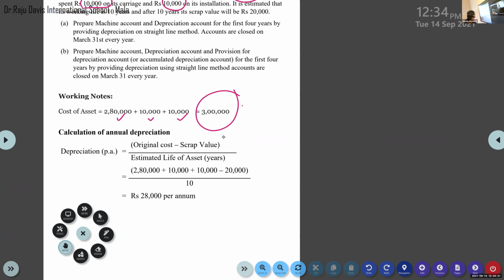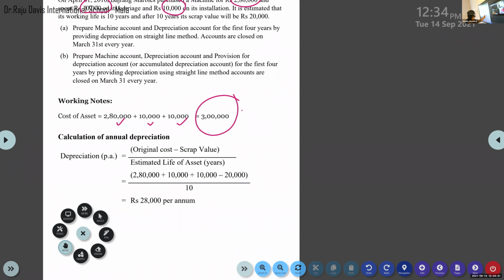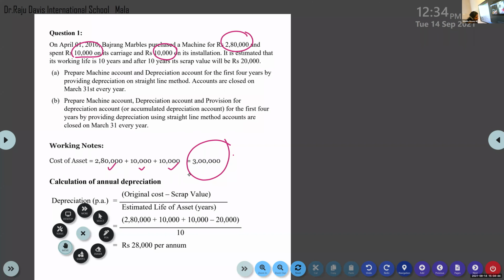So, what is the original cost? We found out 3 lakh. Yes, 3 lakh is the original cost. Okay. How about the scrap value? It is there in the question. How much is the scrap value? 20,000. Yeah, 20,000 divided by the estimated life of asset. How much is it? 10 years.